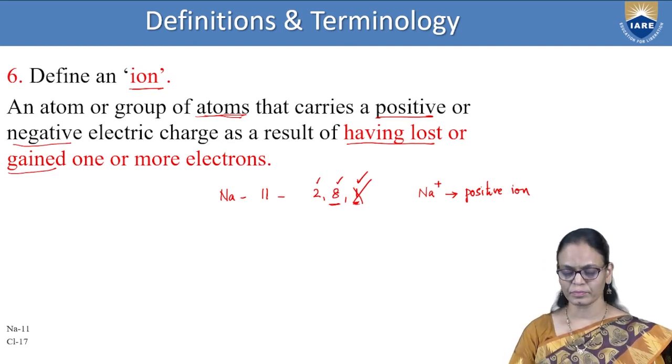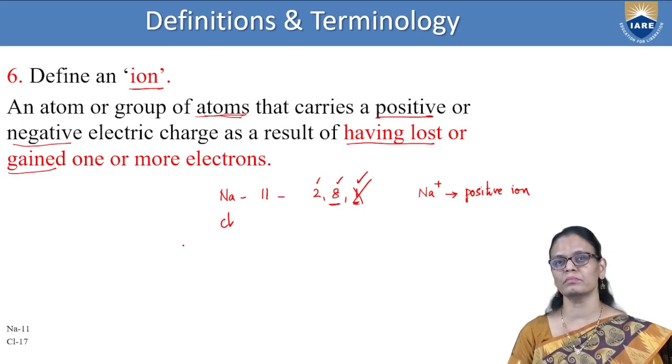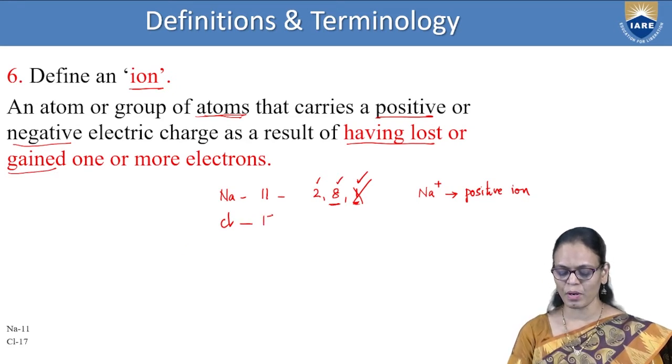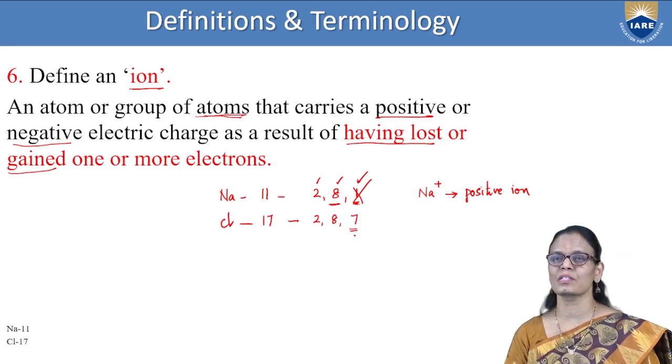Now the other example we take chlorine, whose atomic number is 17. So how do we write the configuration? 2, 8 and 7. So 7 again is not a closed shell configuration.